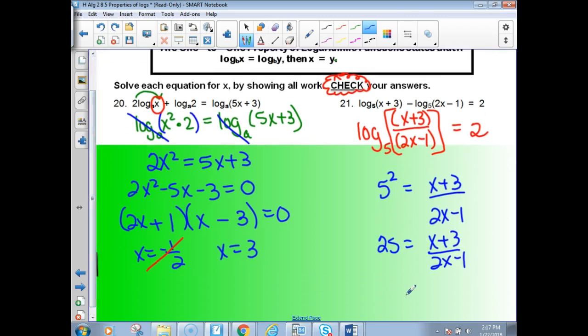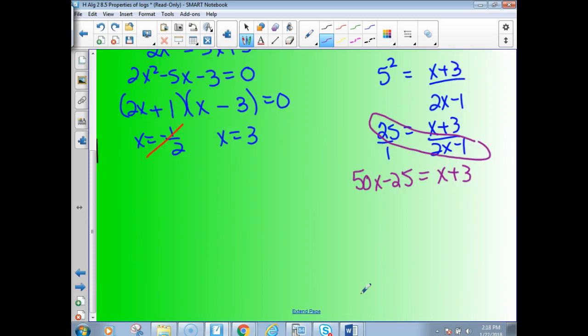I could treat it like a proportion and check out the cross products, which would be 50x minus 25, I distributed, equals x plus 3. Then I would need to subtract an x, and I'd have 49x, add 25 and get 28, divide by 49, and then I need to reduce that fraction 28/49ths by dividing by 7, numerator and denominator, and get 4/7.